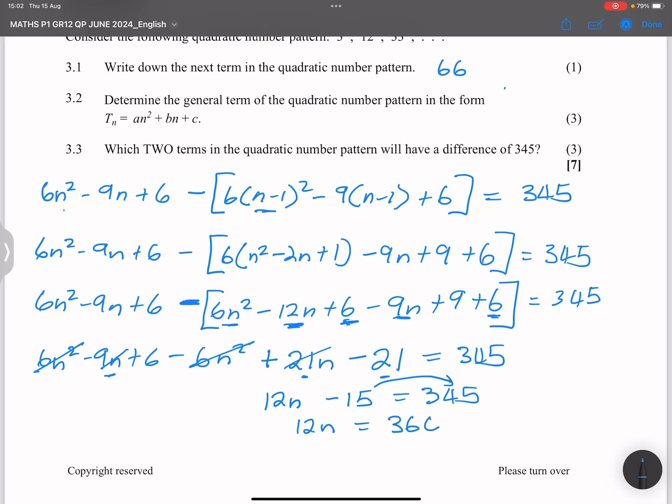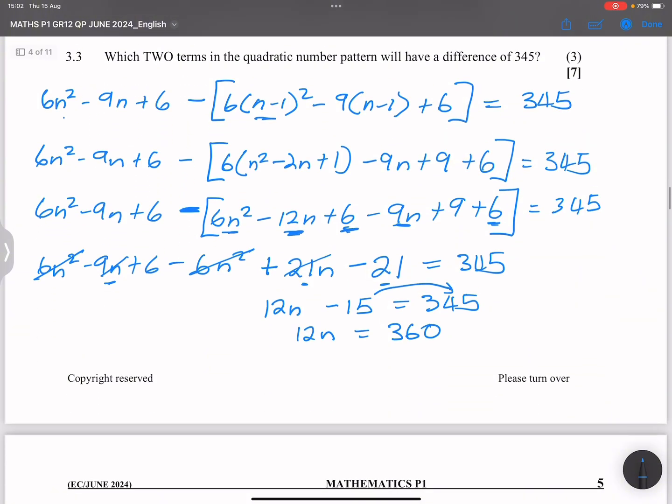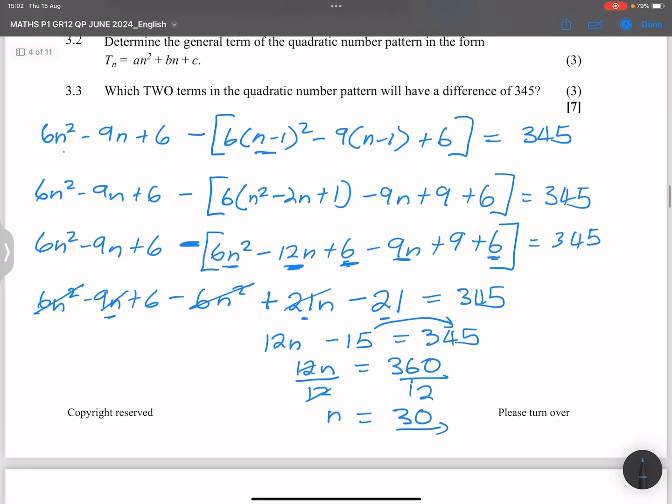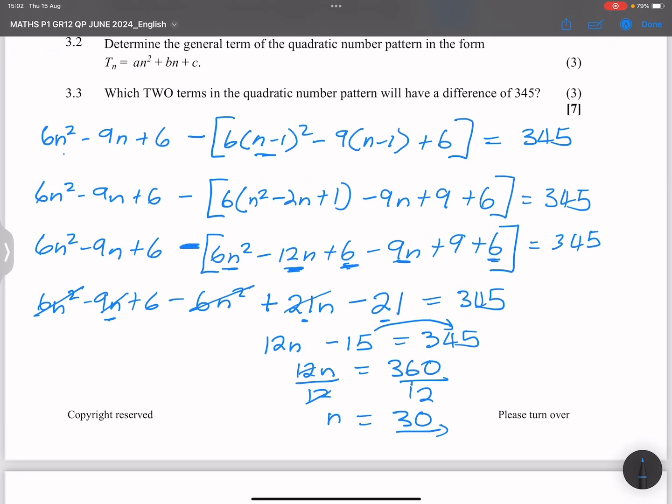Okay, right, and of course I'll divide both sides by 12, and so n would be 360 divided by 12, and that should give us 30, right? So please note in this case, that means that which two terms, right? Remember they asked us which two terms.